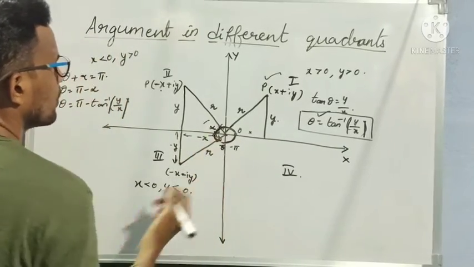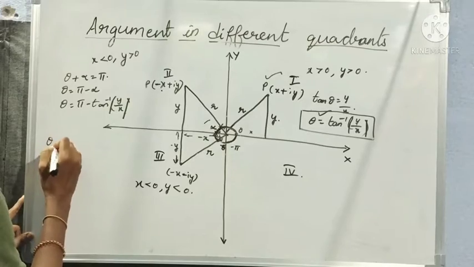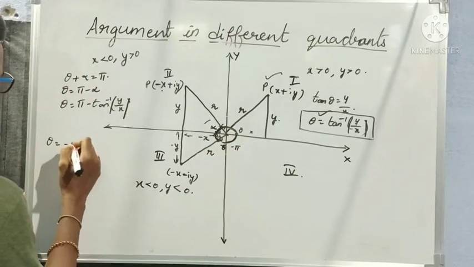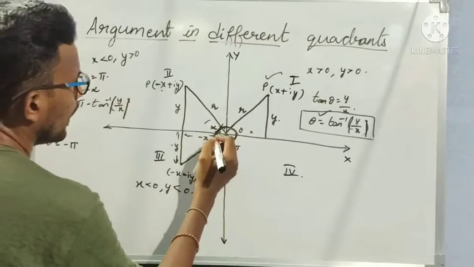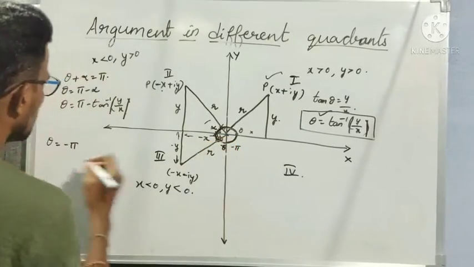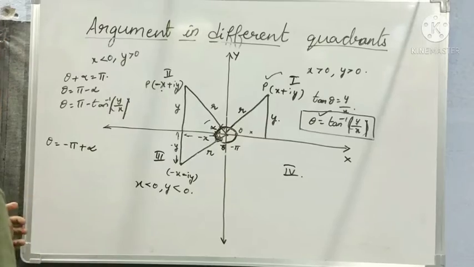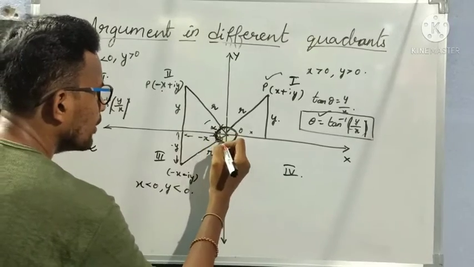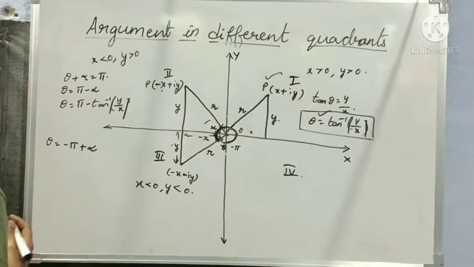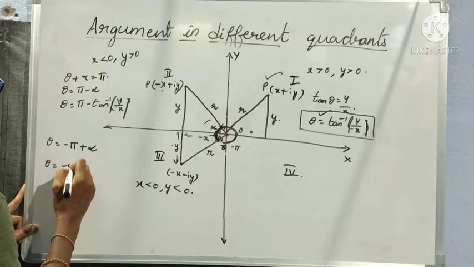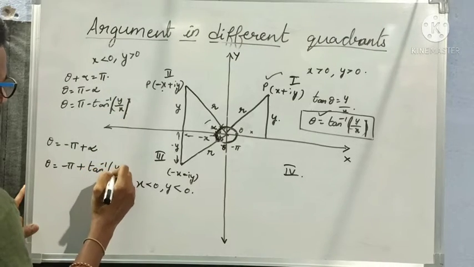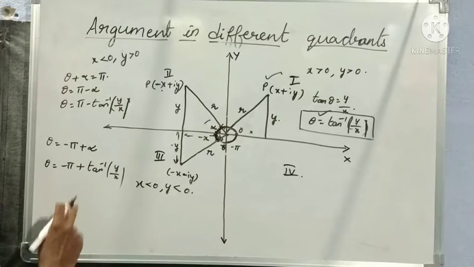So theta is equal to this complete angle, minus pi, and again from here we are moving, so we have to take plus alpha. So theta is equal to minus pi plus alpha, where alpha is tan inverse of modulus of y by x.